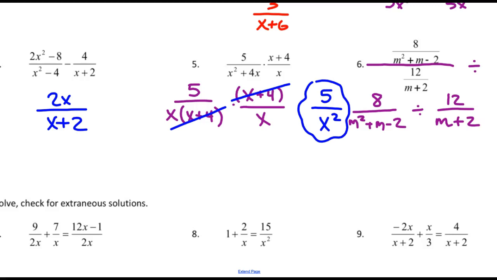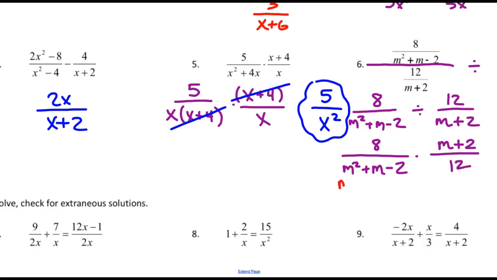How do you divide fractions? You multiply by the reciprocal, right? So I take the reciprocal of that stuff and I multiply it.